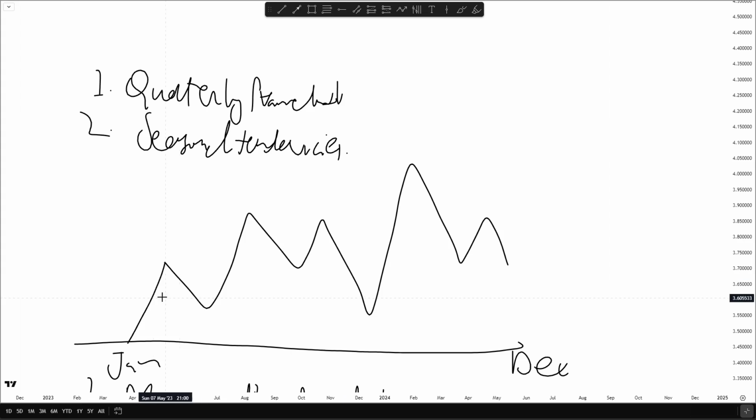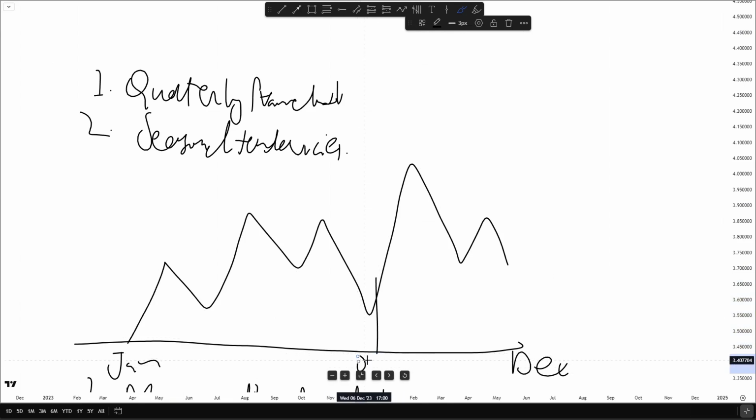Then based on this seasonal chart, let's say we are trading in the month of October. This is the October's range. Now we look at how this asset has behaved during October historically on average in the past 20 to 30 years.